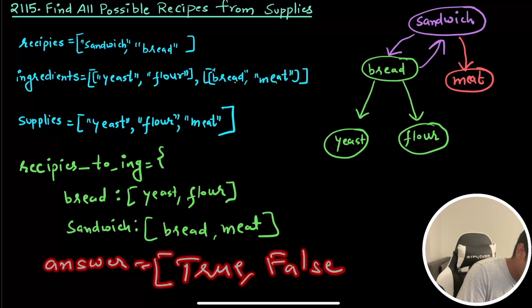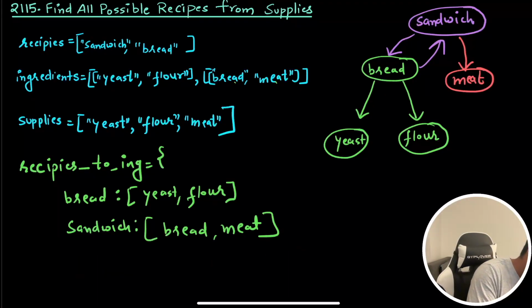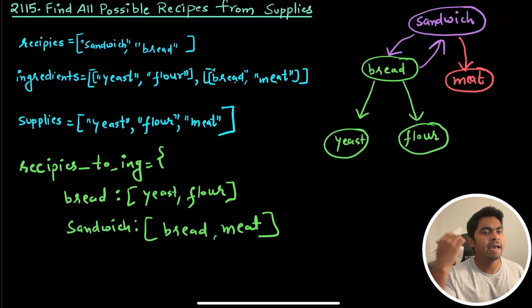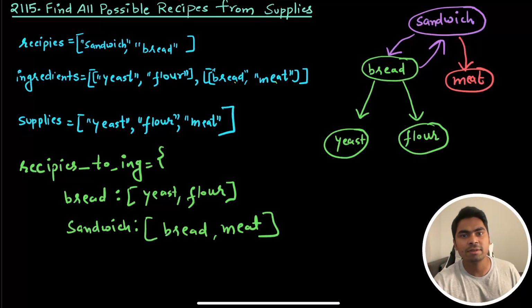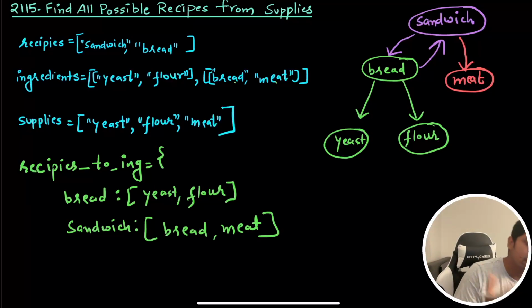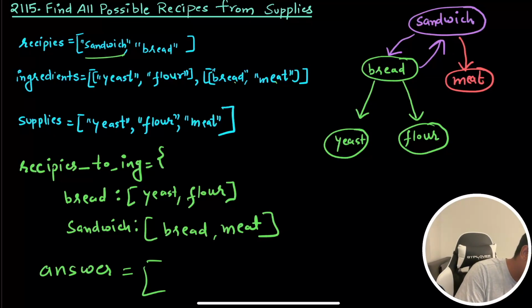But actually I had course schedule in my mind. I'm not giving an excuse, but the answer here is not any different. It's just if our DFS returns true for that recipe, I will just add the name of the recipe. So for this, let's say sandwich, if this returned true, and in this case, if this edge doesn't exist, of course it will return true, because I can create this.